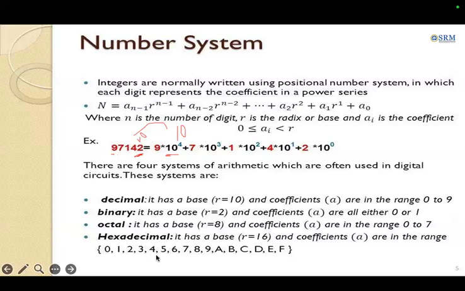If you take a hexadecimal value, it has a base or radix value of 16.